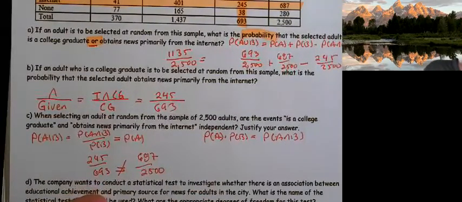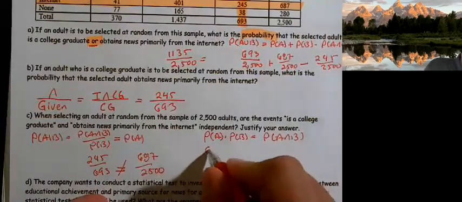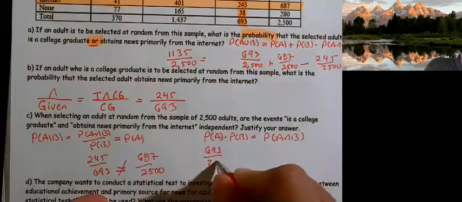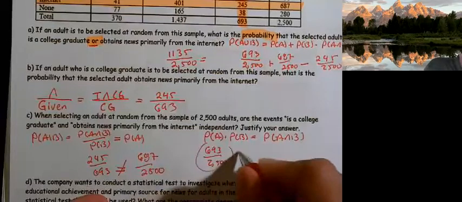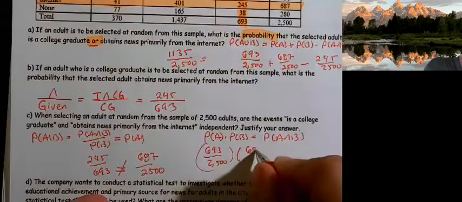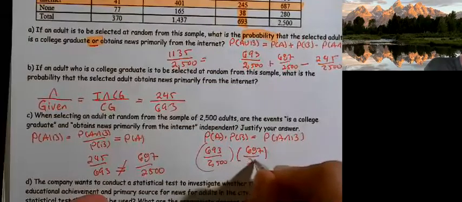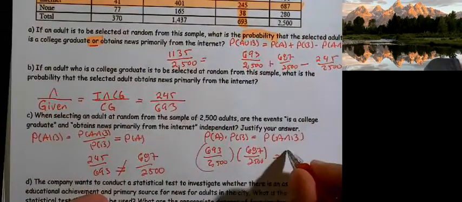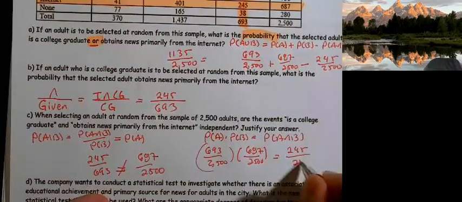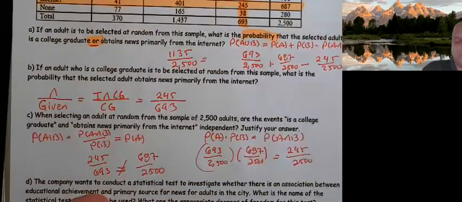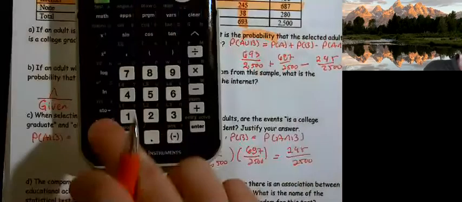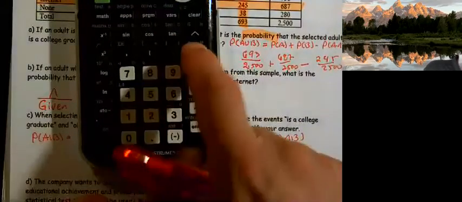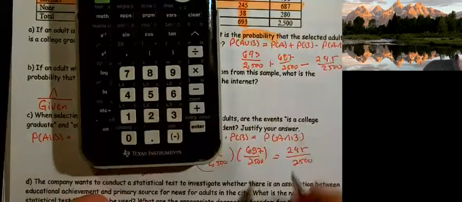And again, I think this is an easier way to understand for most of my students, not all, is 693 over 2,500 times 687 over 2,500. And then we need to check to see if that equals the intersection, which is 245 over 2,500. So 245 divided by 2,500 is 0.098.